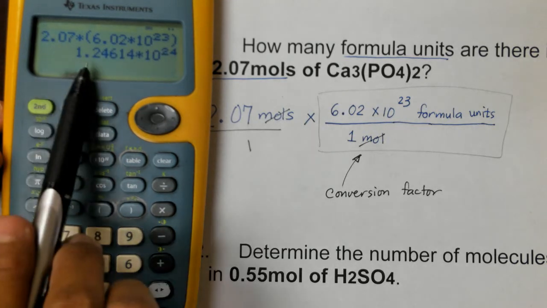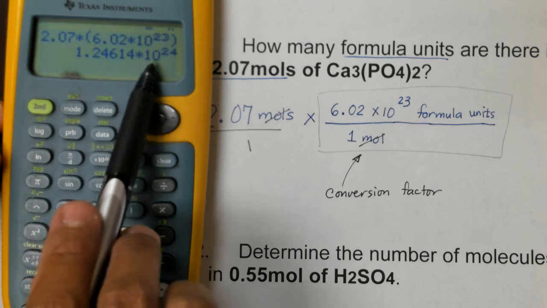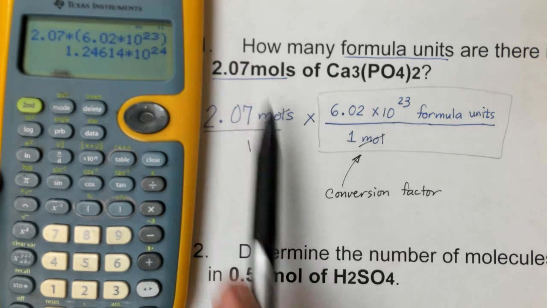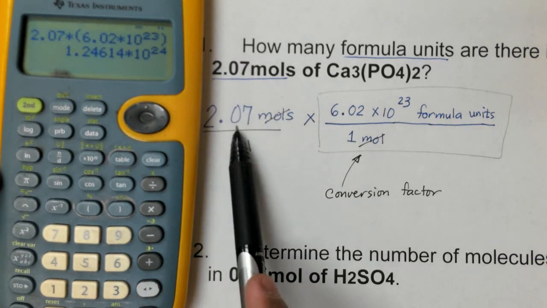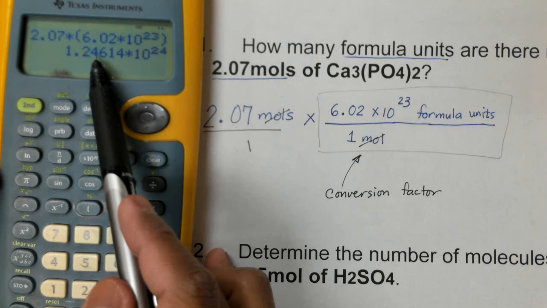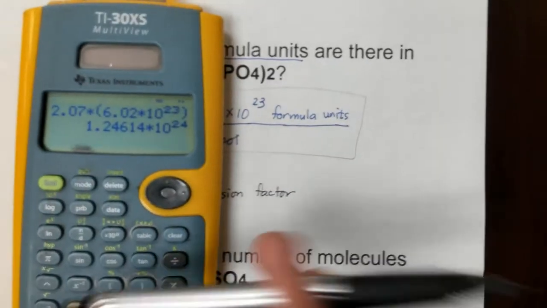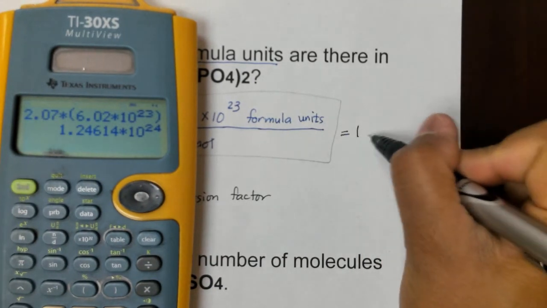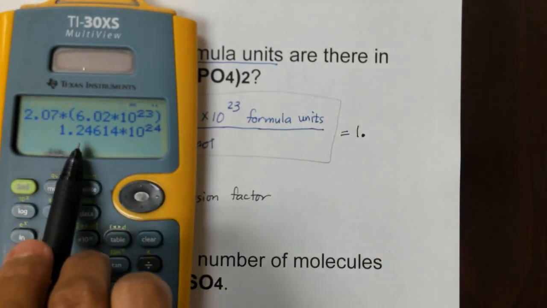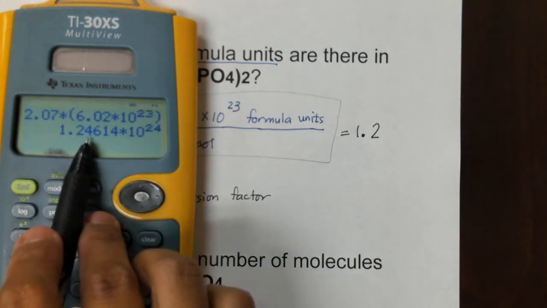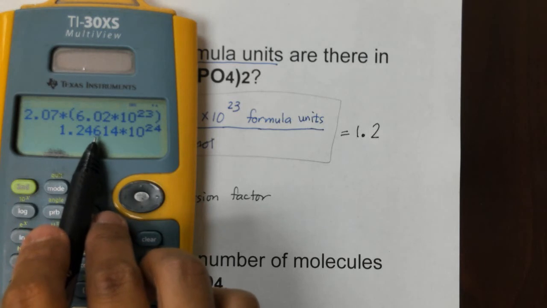And then you will see a lot of answers there with the times 10 to the power of 24. How many should we get? If we have 3 significant figures in the given, we're going to get the first 3 numbers in the screen. So what we see in the screen is the first number is 1, and then dot, we're going to have 2 more numbers, so that's 2, and the 4 has to be rounded up to a 5 because the first number that we don't need is a 6, and we know that we need to round up if it's 5 up.